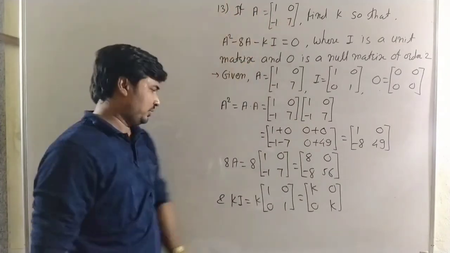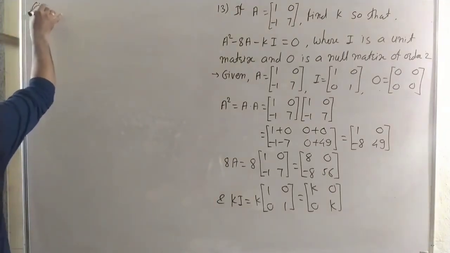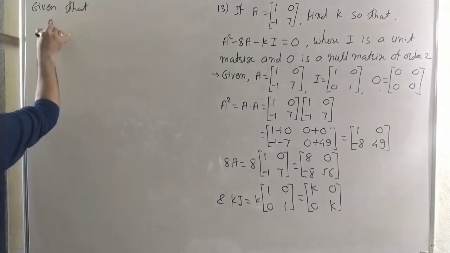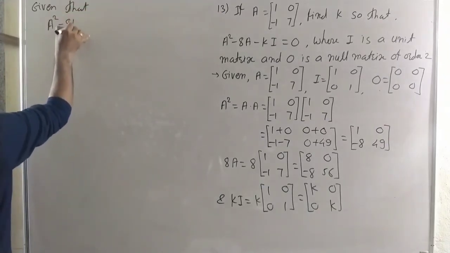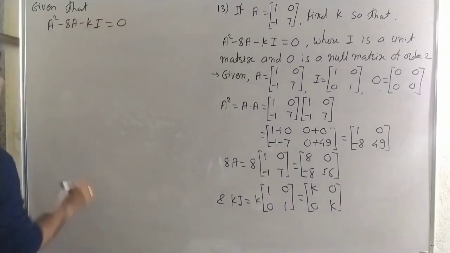Now we find A square minus 8A minus kI is equal to 0. It is given. Therefore, A square minus 8A minus kI is equal to 0.